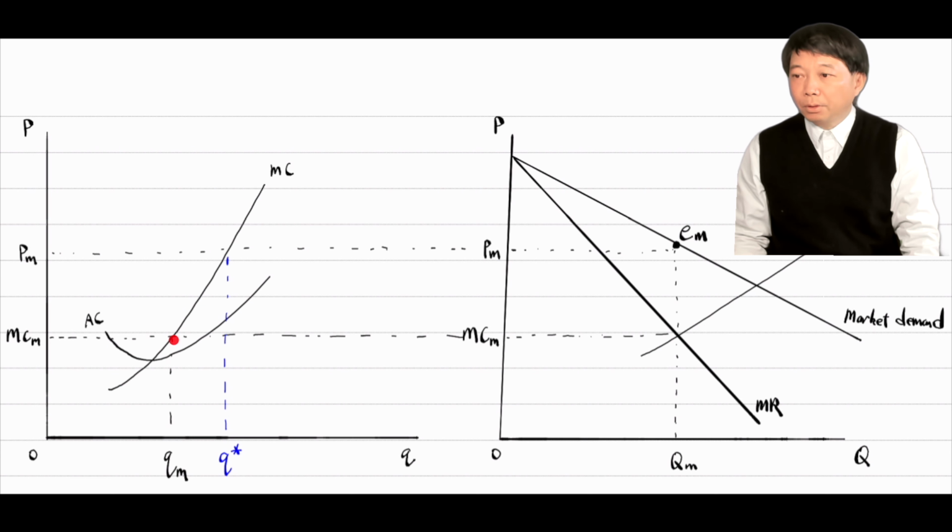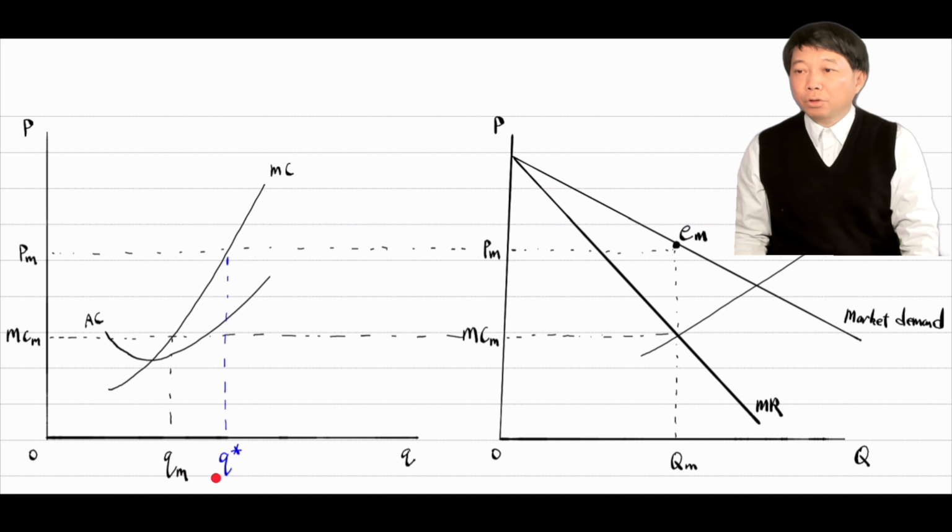As the graph shows, at the cartel's quota output, QM, the firm's marginal revenue, PM, is greater than its marginal cost, MCM. The firm's profit will increase until PM equals MC at the output of Q star.